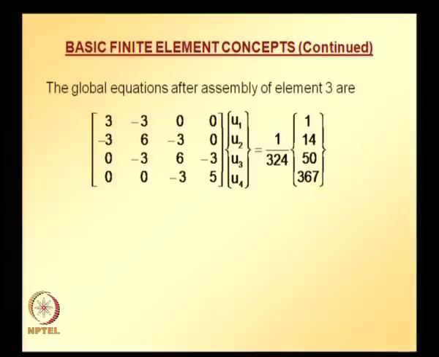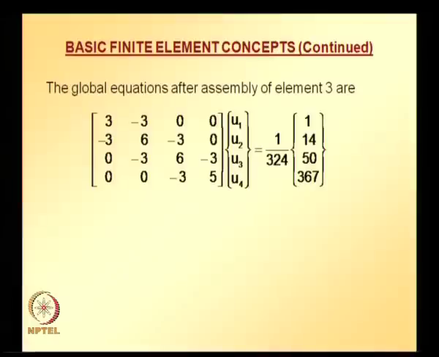Here we have to apply the essential boundary condition. By taking the element equation system with and without boundary condition, we took care of the natural boundary condition, but we have not yet imposed the essential boundary condition. The essential boundary condition for this particular problem is that u1 is given, u1 is equal to 1.